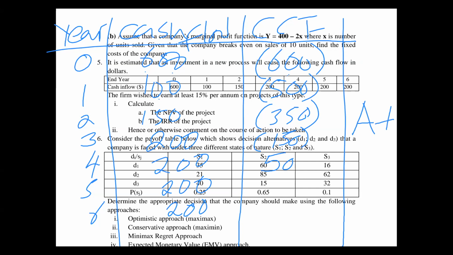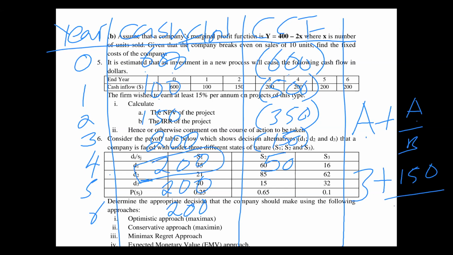The formula is A plus a over B. A is the year, which is 3, plus a, the amount of the last negative value. The absolute value is 150, the last negative, divided by the next cash flow, the next one.